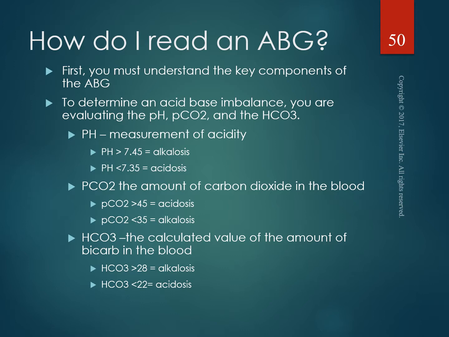A PCO2 greater than 45 is acidosis. A PCO2 less than 35 is alkalosis. Your HCO3 is the calculated value of the amount of bicarb in the blood. An HCO3 greater than 28 is alkalosis. An HCO3 under 22 is acidosis.